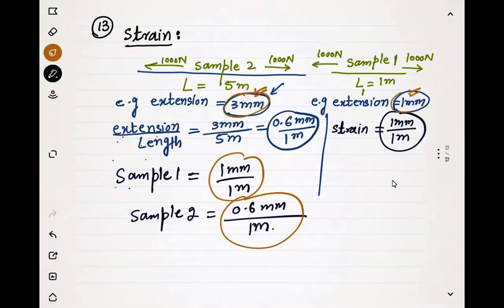The problem was that when we applied equal force on different pieces of different lengths, then obviously the length of the sample or the length of the wire will also affect the extension. By dividing the extension over length, the effect of length can be eliminated and the new quantity that you get is called strain. So strain is the ratio of same quantities.